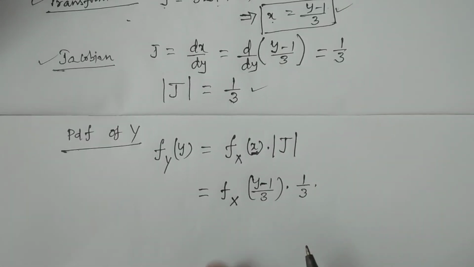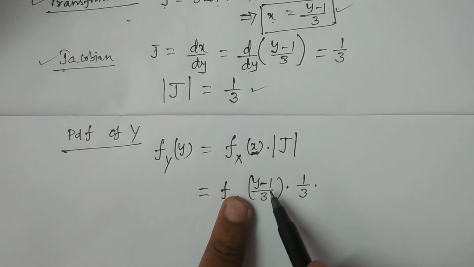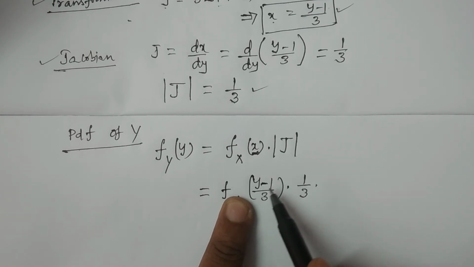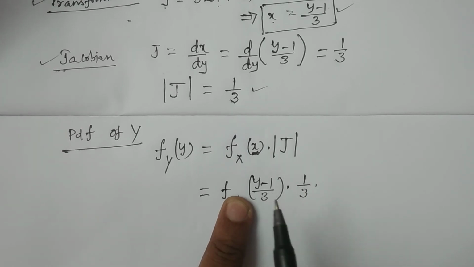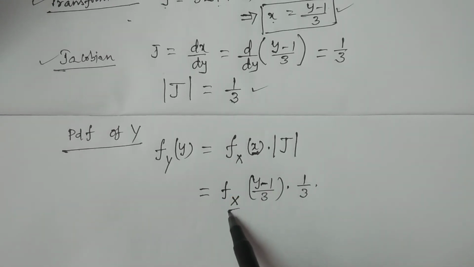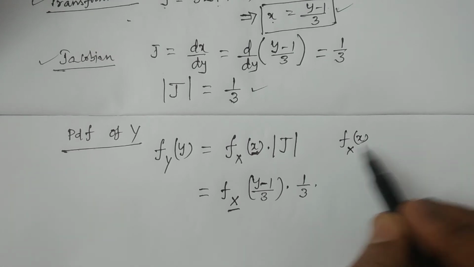Now you see, if the x is not written here, then what is this? It is a function of f of (y minus 1) by 3. Whether it is the probability density function of x or y, to identify that, we are writing this capital X. So this is a function of x, f_X of x, that is our notation.